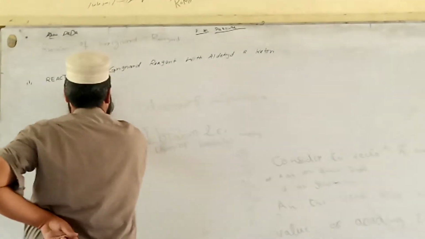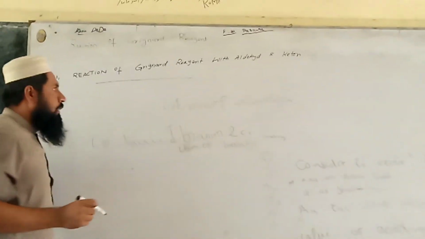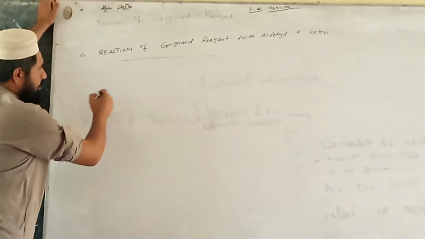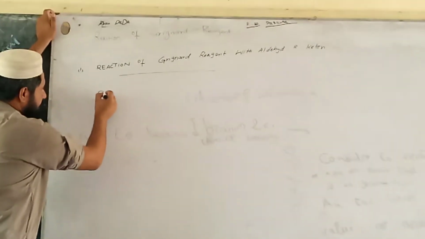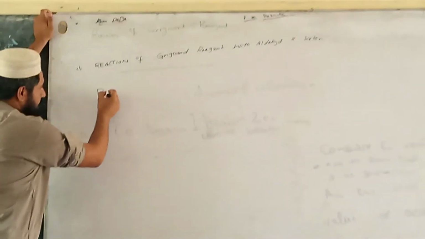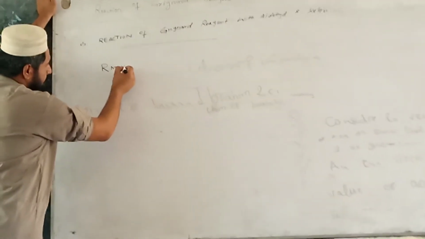Look at this, this is our Grignard reagent. We can name it alkyl magnesium halide.